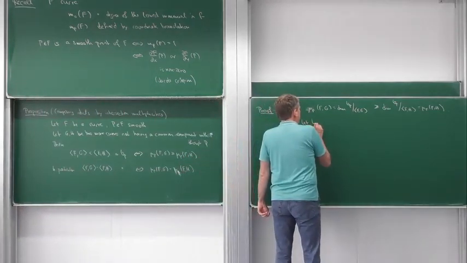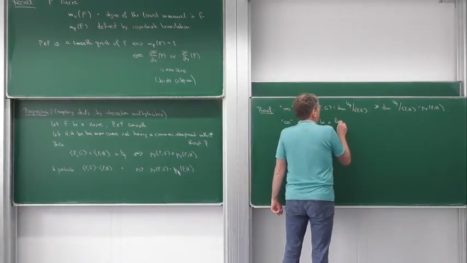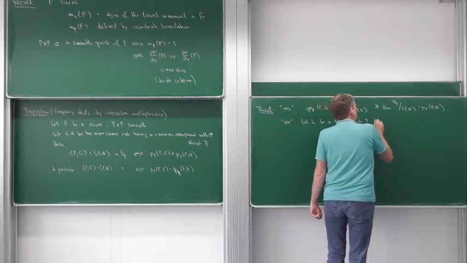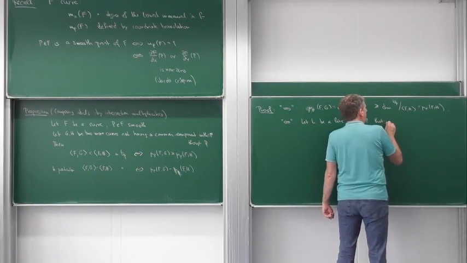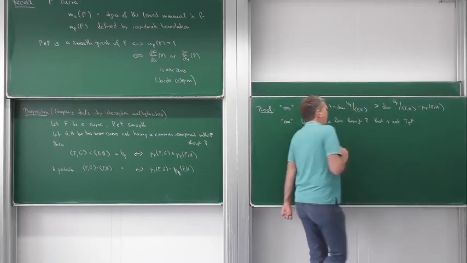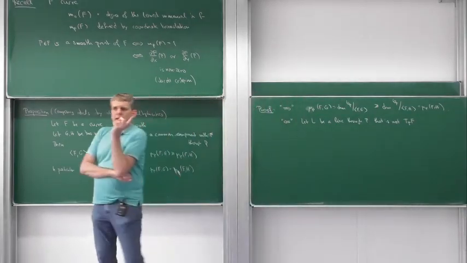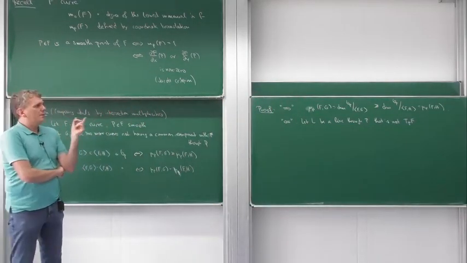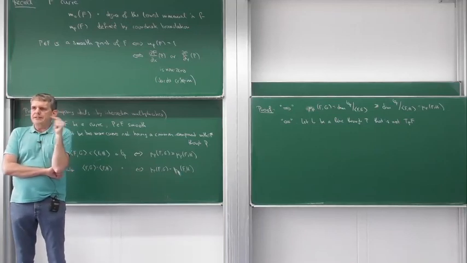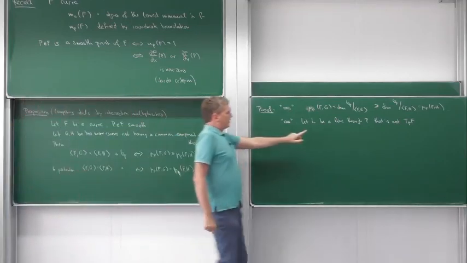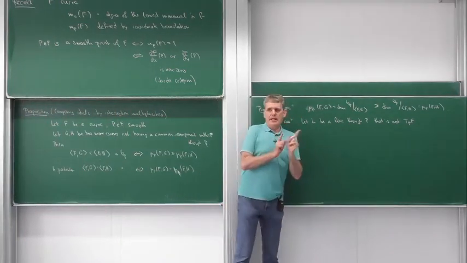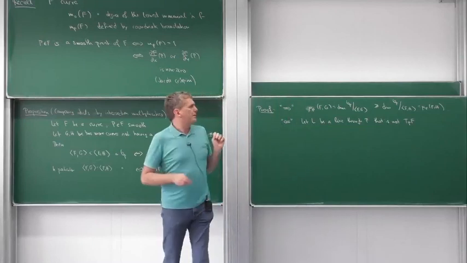Say let L be a line through P that is not the tangent, so it's not T_P f. We had seen that the intersection multiplicity of two curves is 1 if and only if they are both smooth at the point and have different tangents. So if f is smooth at the point, and L, as a line, is also smooth at the point, and they're not the same line, then the intersection multiplicity will be 1.